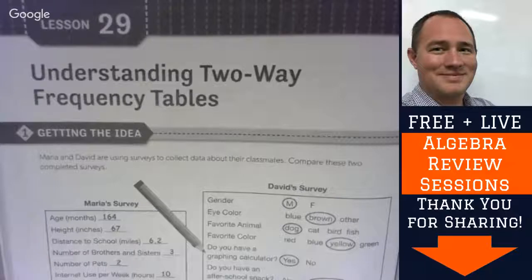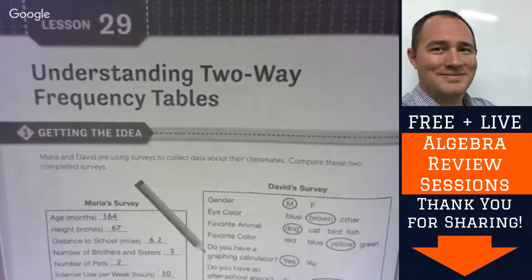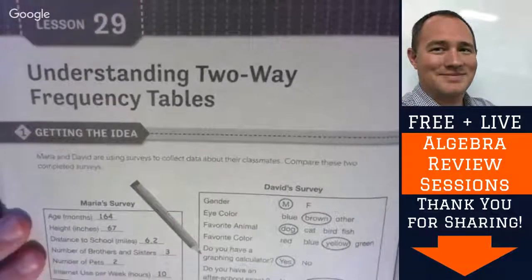All right, so let's go ahead and get the idea here. So Maria and David are using surveys to collect data about their classmates. Let's go ahead and compare these surveys.